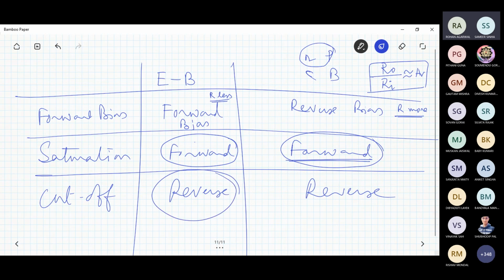Whenever it is reverse bias, resistance is as good as infinity.